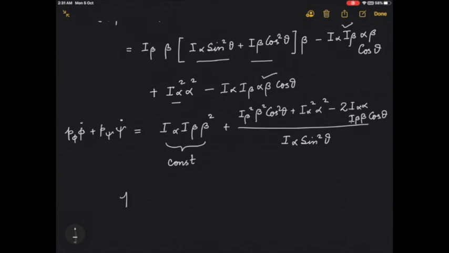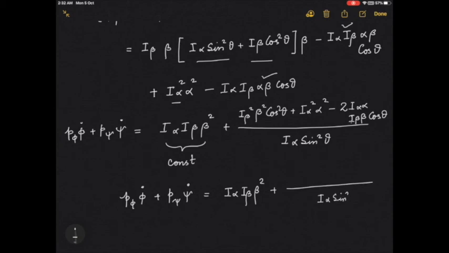So that's a perfect square. So I get P phi phi dot plus P psi psi dot as I alpha I beta square plus, with I alpha sine square theta in the denominator, and here I get I alpha times alpha minus I beta times beta times cos theta whole square.